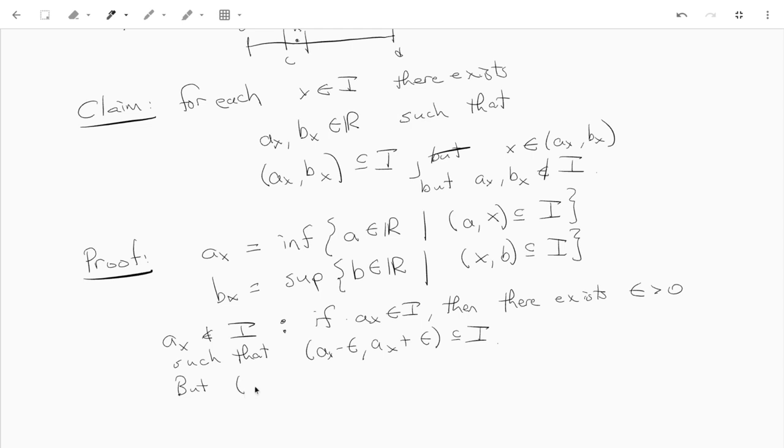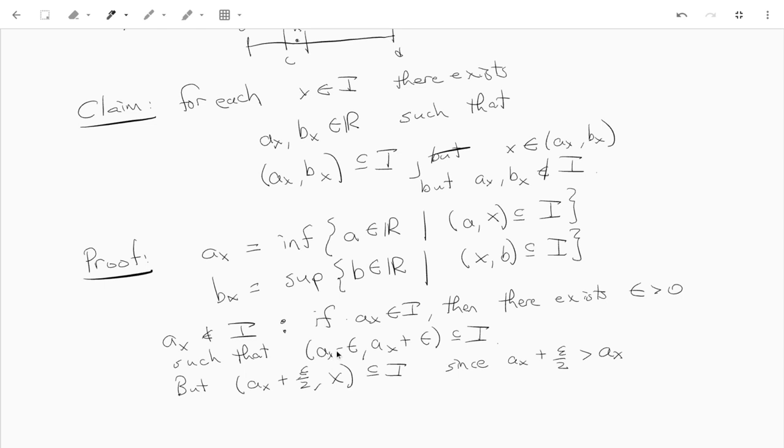Let's say that the interval from a_x plus epsilon over 2 to x is contained in I, since a_x plus epsilon over 2 is greater than a_x, which is the inf. Since it is bigger than the inf, it has to satisfy this property.